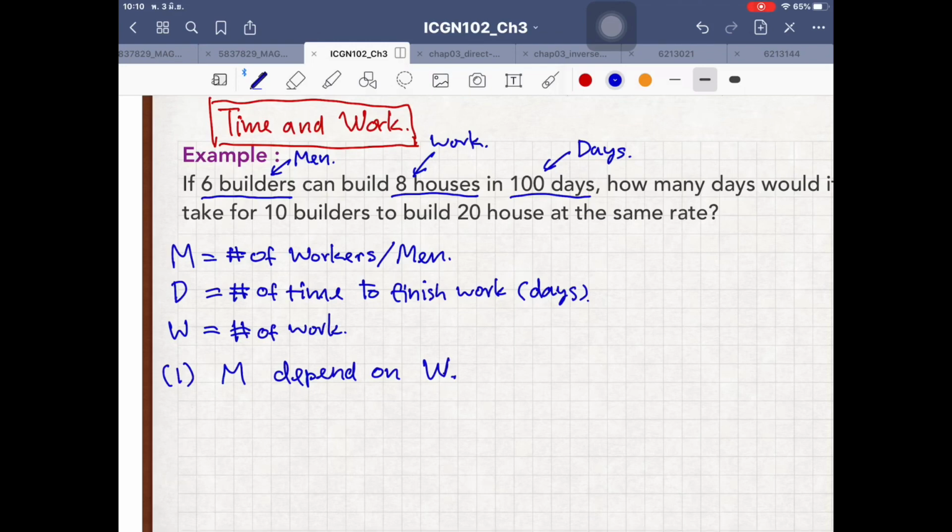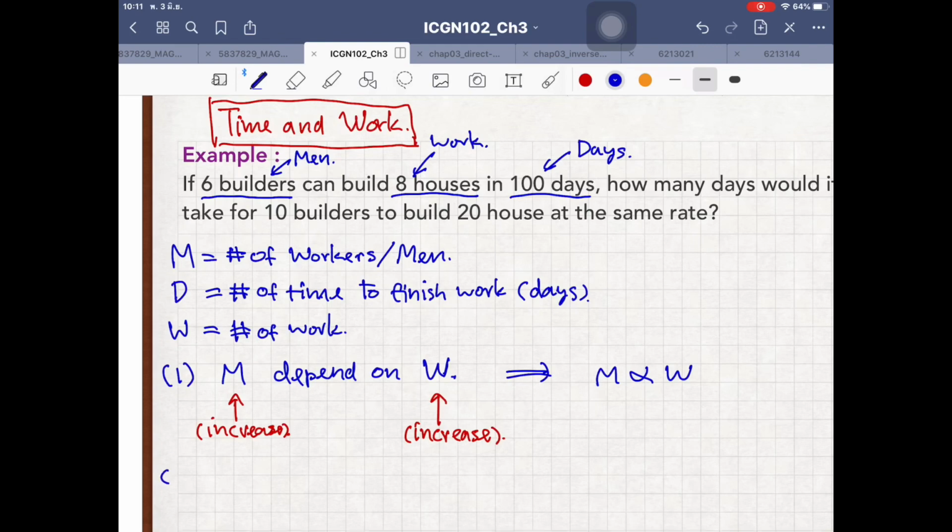If you increase the number of workers, it means that you have more workers in your company, so you can do more work. So here you can increase the amount of work. And for the mathematical symbol, we can say that M is proportional to W, or M can depend on W.